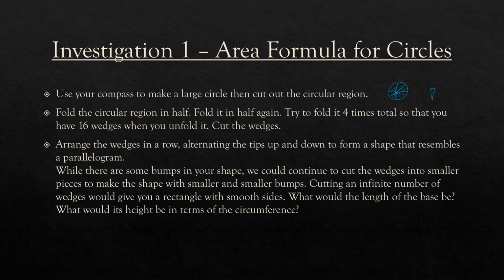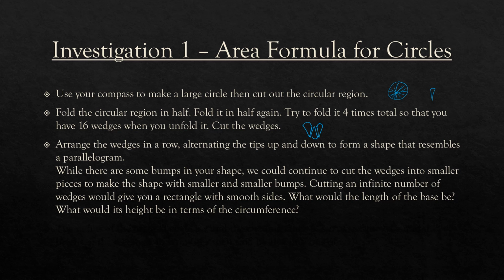Arrange those wedges in a row, alternating the tips up and down to form shapes that resemble a parallelogram. So you have a wedge shape here, and then you're going to have a wedge one down here. So you're alternating up and down for those wedges, and you're going to put them all together.